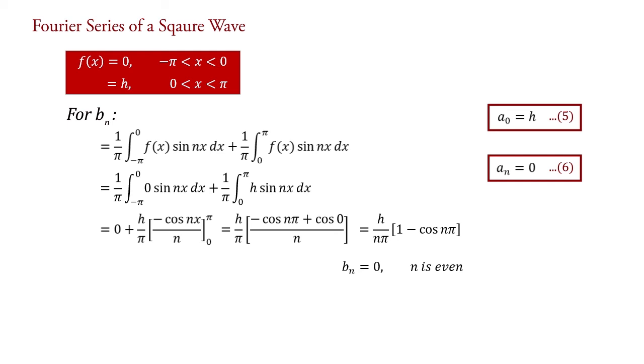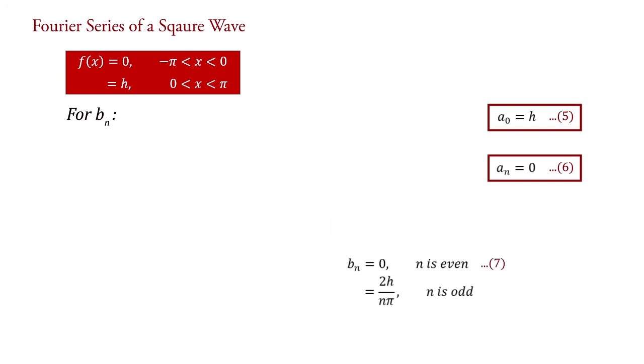And if we take n equal to odd, that is cos pi equal to cos 3 pi equal to cos 5 pi and so on, equal to minus 1. It means if n is odd, then cos n pi equal to minus 1. And therefore, 1 minus cos n pi equal to 1 minus of minus 1, that is 2. Therefore, bn equal to 2h upon n pi for n odd.